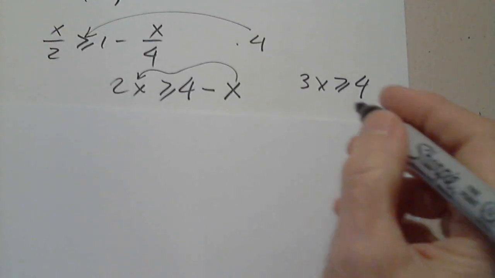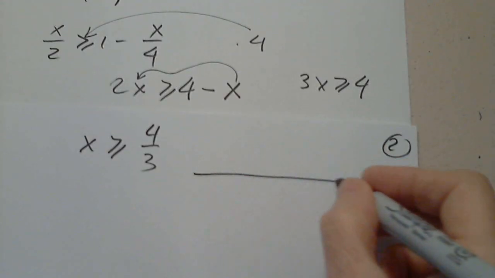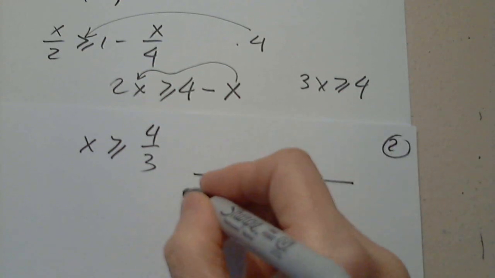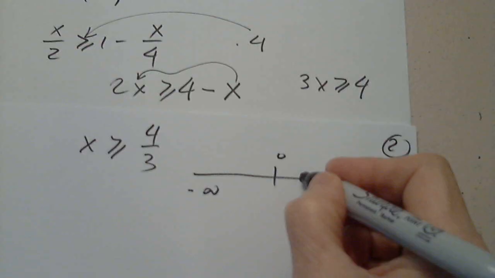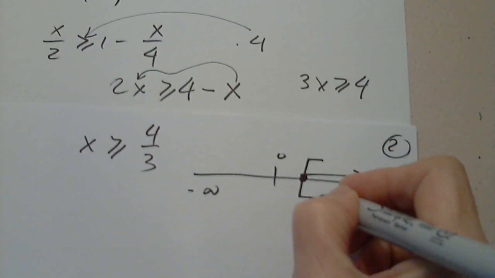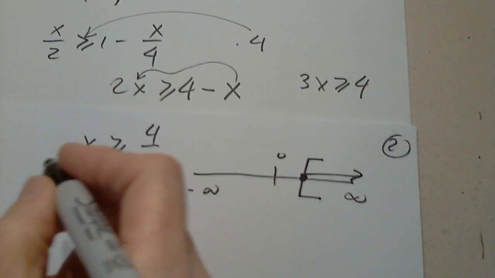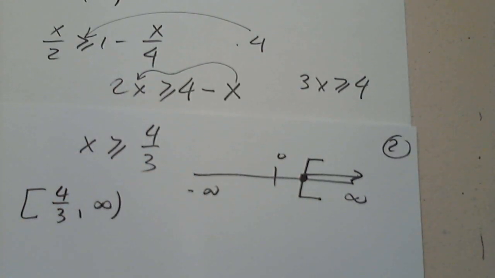So x is greater than or equal to 4/3. If I'm asked to graph it, 4/3 is somewhere here with the full point, or the bracket, and to the right. So the interval notation will be 4/3, comma, infinity.